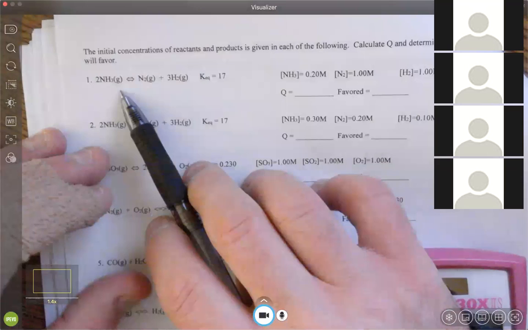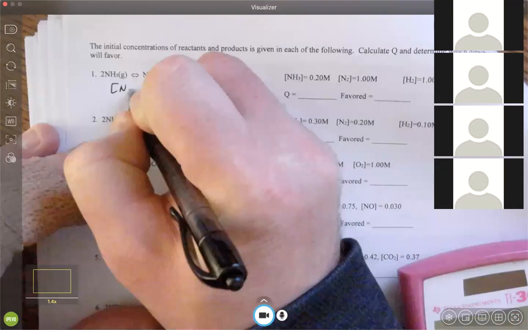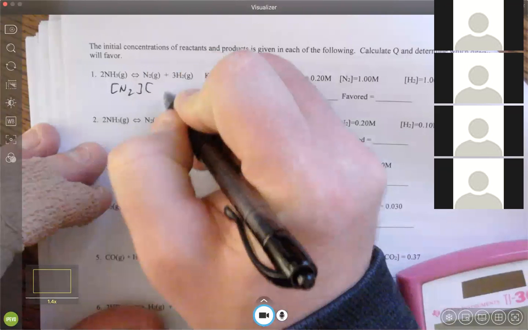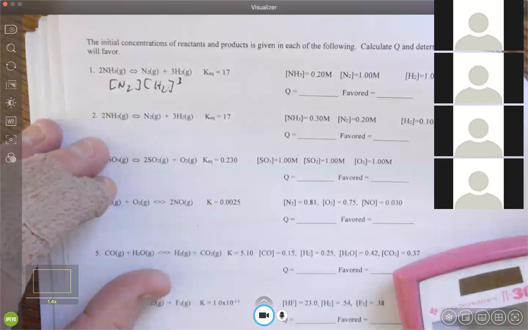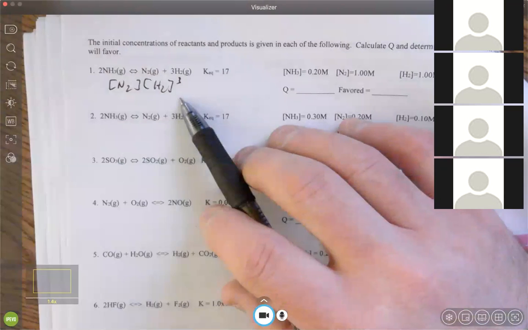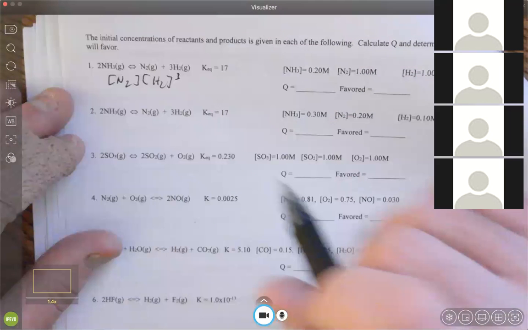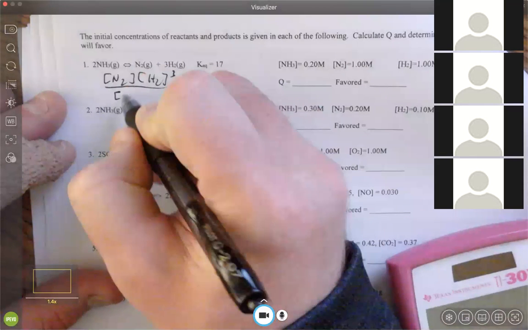All right, so if we take a look at this, we're going to put nitrogen and hydrogen on top. Hydrogen is cubed. Remember, these are almost like rate laws with the elementary reaction. We're going to put reactants on bottom.